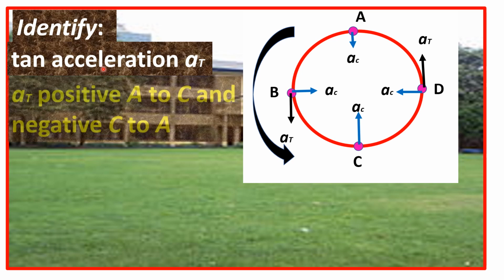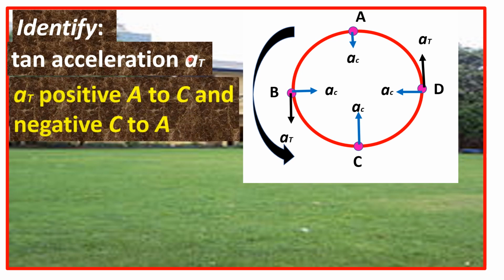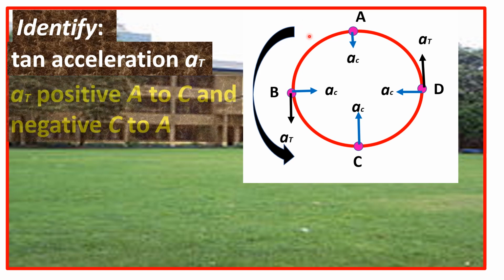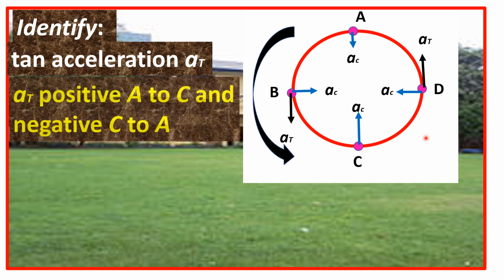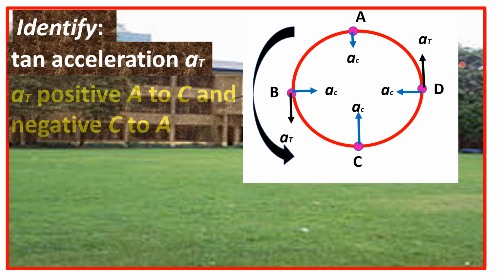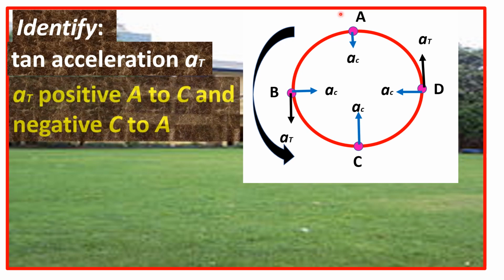A sub t is positive as the ball moves from point A to point B and to point C. It is negative as the ball moves up from point C through points D to A. Notice there is no tangential acceleration at point A or at point C.